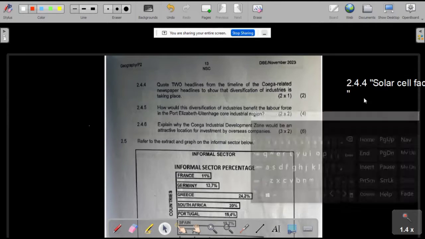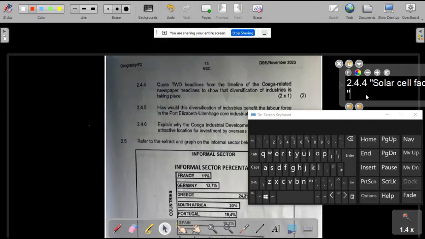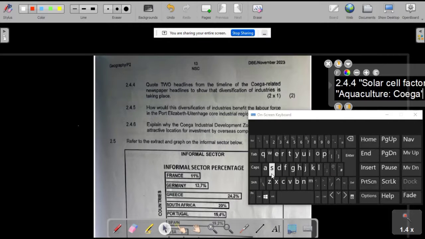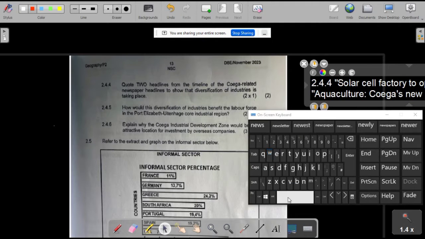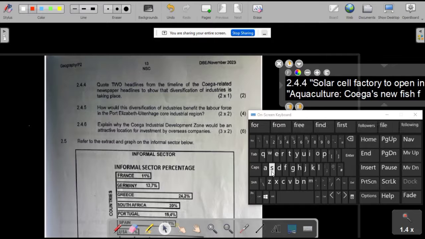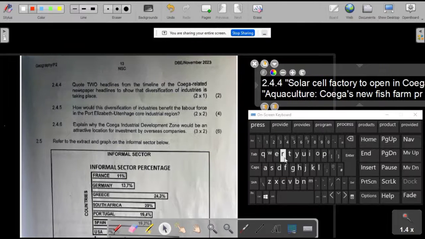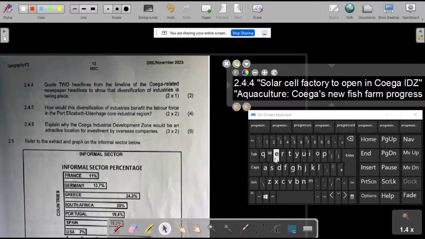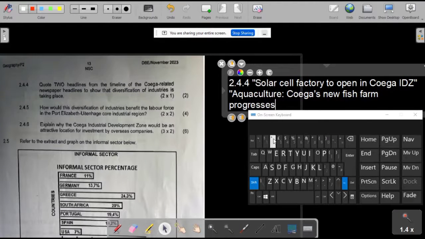So we're going to write Kruger, aquaculture, Kruger's new fish farm progresses. Okay, so there we go.